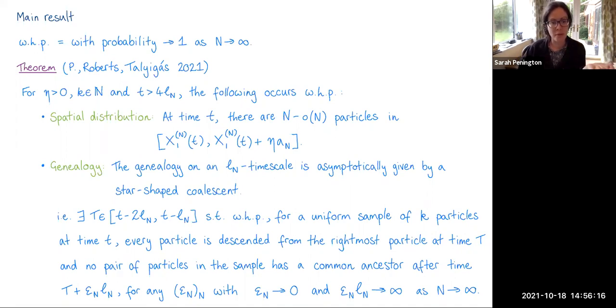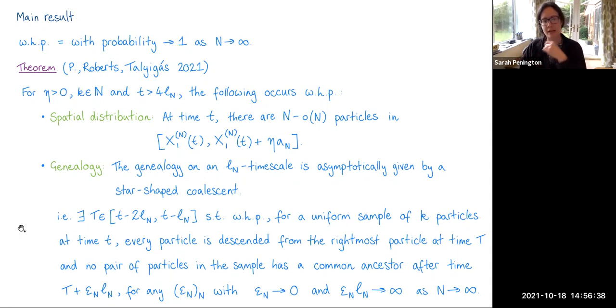And also no pair of particles in the sample has a common ancestor after time capital T plus epsilon_n times l_n. This is for any sequence epsilon_n that goes to 0 as n goes to infinity, but such that epsilon_n times l_n goes to infinity as n goes to infinity.